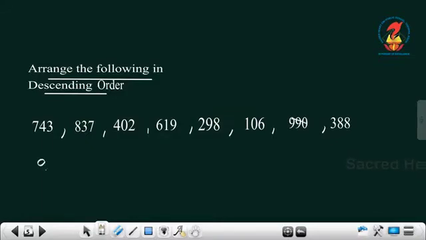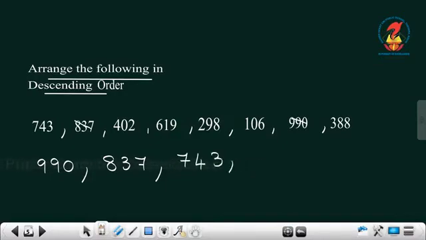990. So I am writing 990 here. Now a bit smaller than 990 is 837. A bit smaller than 837 is 743. Now a bit smaller than 743 is 690.